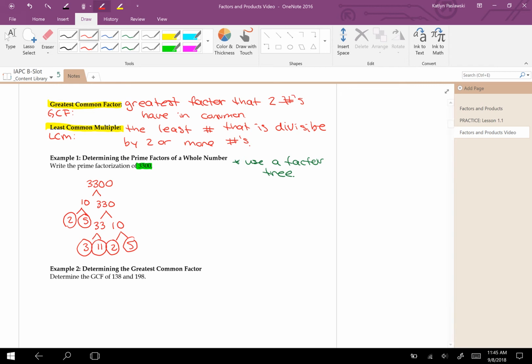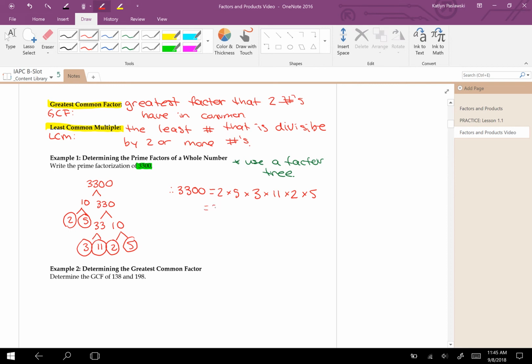Now, how do we write it out as prime factorization? Because part of the definition says it has to be written. So therefore, 3,300 is equal to, we take these prime numbers here that I circled at the end of our factor tree. 2 times 5 times 3 times 11 times 2 times 5. And if you multiplied all those numbers together, you would get 3,300. Now when you write this, we're going to write into simpler forms.